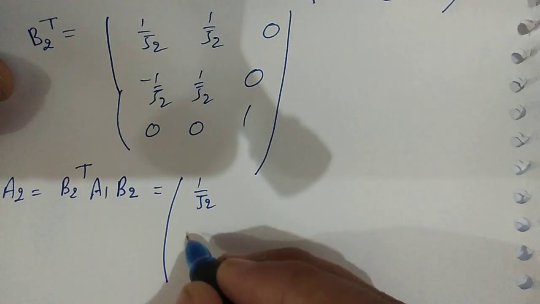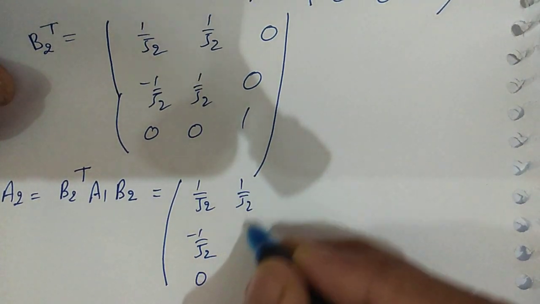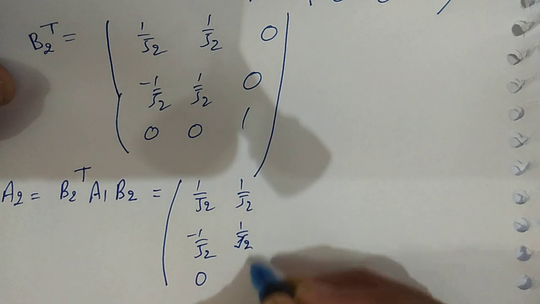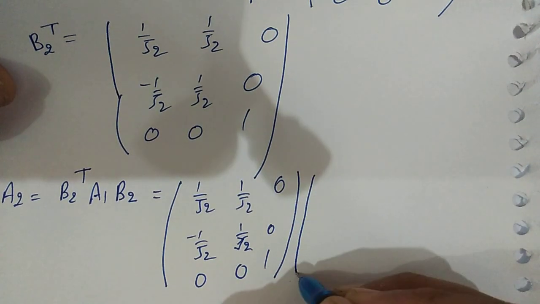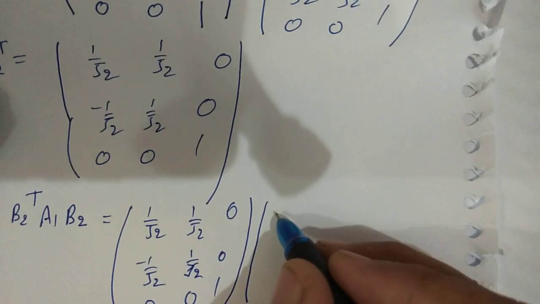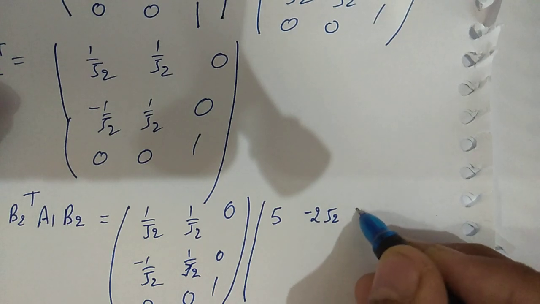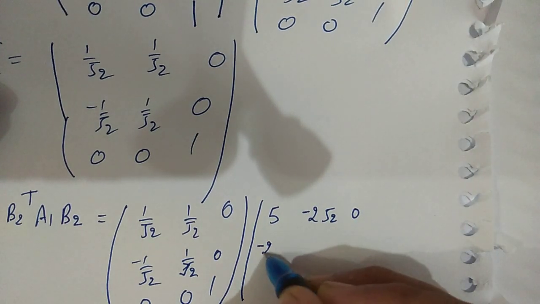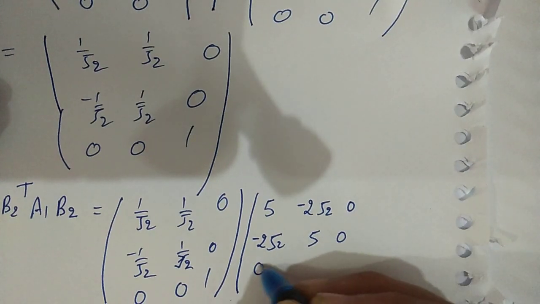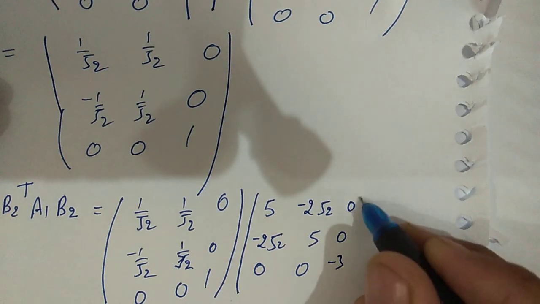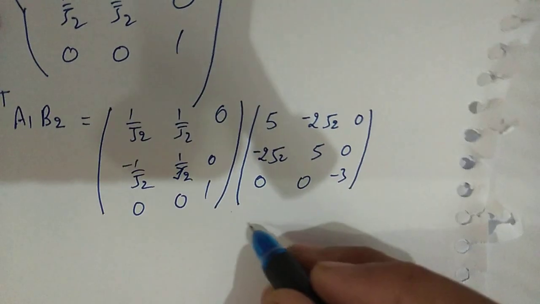So your B2 transpose is 1 upon root 2, minus 1 upon root 2, 0, 1 upon root 2, 1 upon root 2, 0, 0, 0, 1, and your A1 matrix is 5, minus 2 root 2, 0, minus 2 root 2, 5, 0, 0, 0, minus 3, and let me write the B2 matrix here.